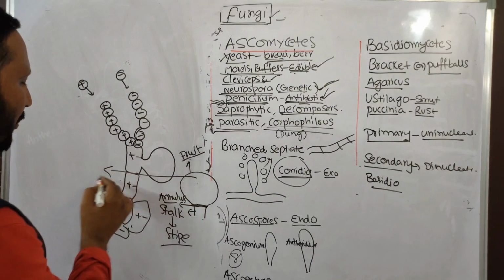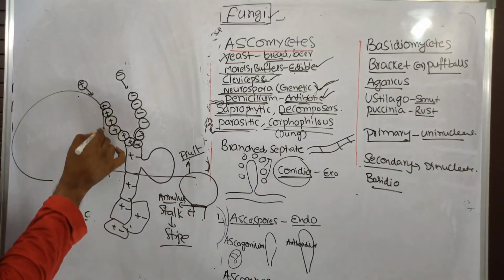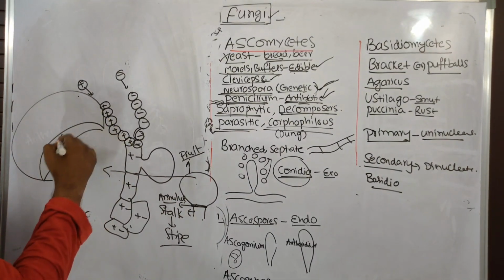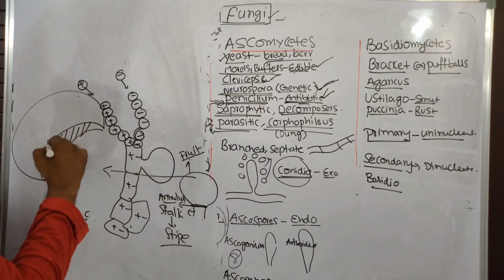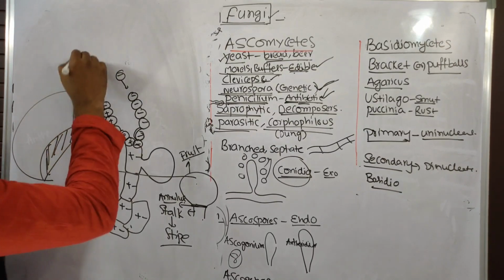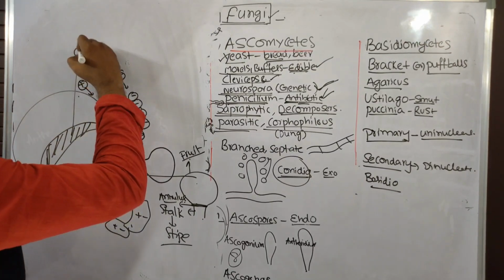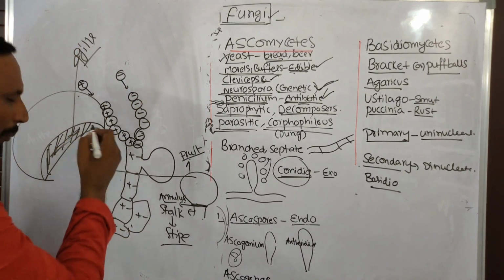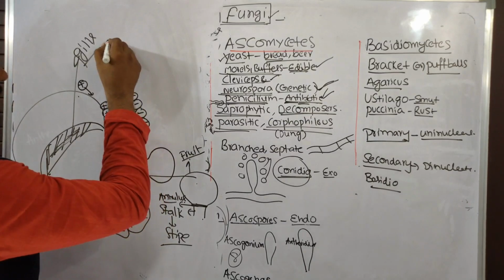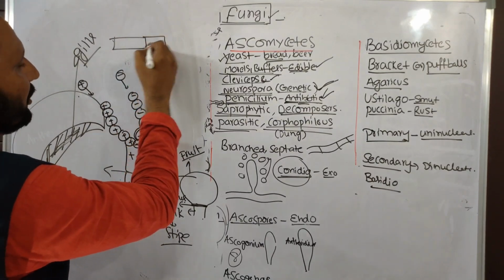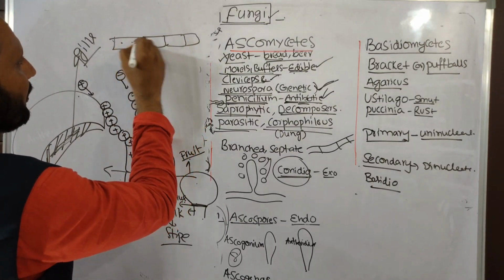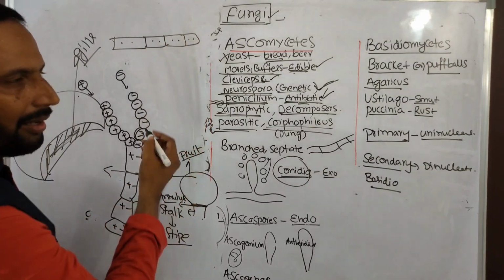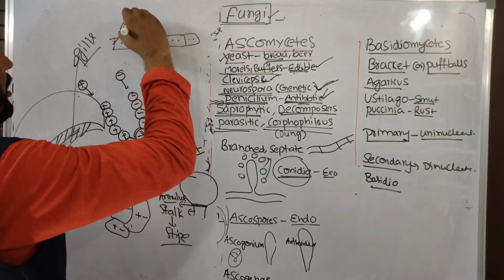I am taking this umbrella structure like this one. When you observe this annulus, the umbrella-shaped structure, the fruiting body, there gill-like structures are present. Gills. When you observe these gills with a microscope, each cell contains two nuclei; that is called the trama.